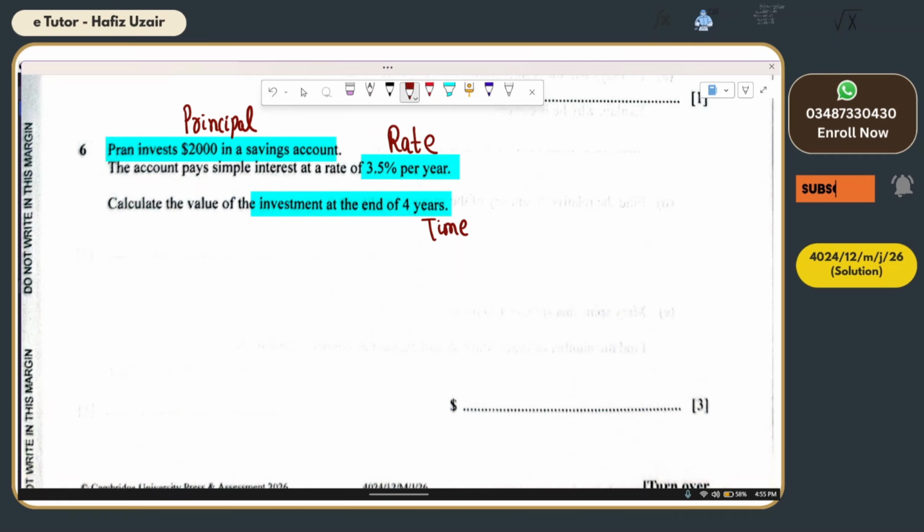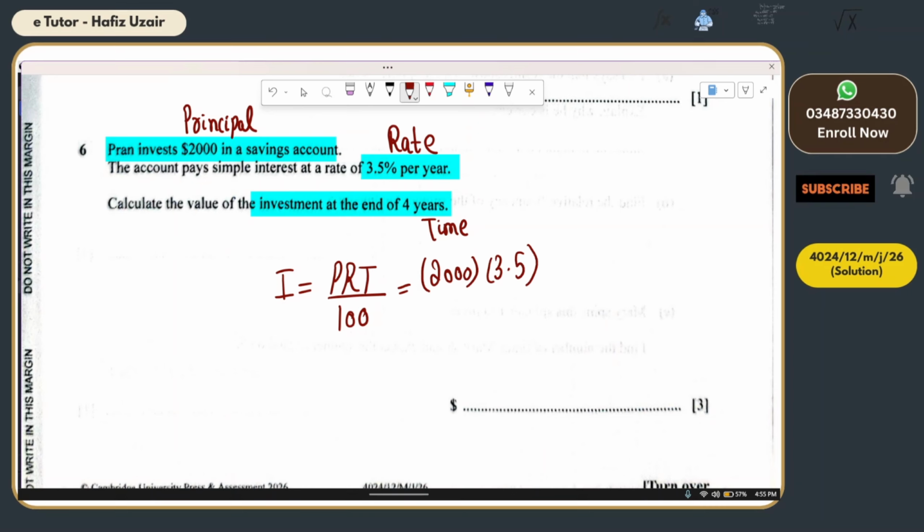So let's use the formula for simple interest, that is I is equal to PRT over 100. Now we will have 2000 times 3.5 times 4 over 100. Now you can cut these zeros.